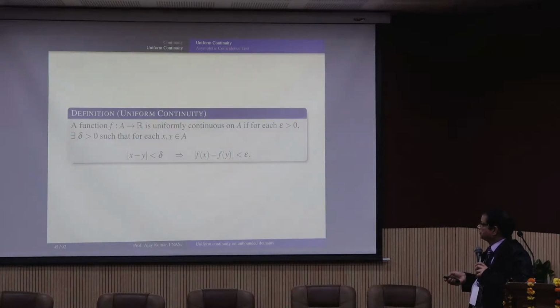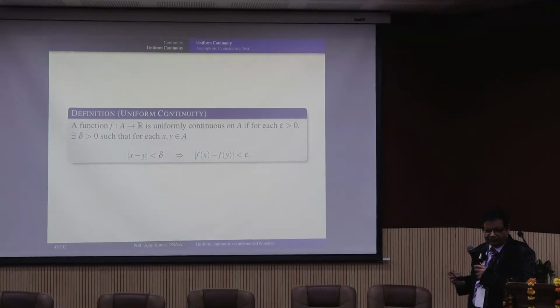A function is uniformly continuous on A if for each epsilon greater than 0 there is a delta such that |x minus y| less than delta implies |f(x) minus f(y)| less than epsilon. So continuity is a local phenomenon, and uniform continuity is a global phenomenon. It is like elections: an election for the metropolitan council is a local phenomenon, with local issues involved, whereas an election for MP involves global issues.